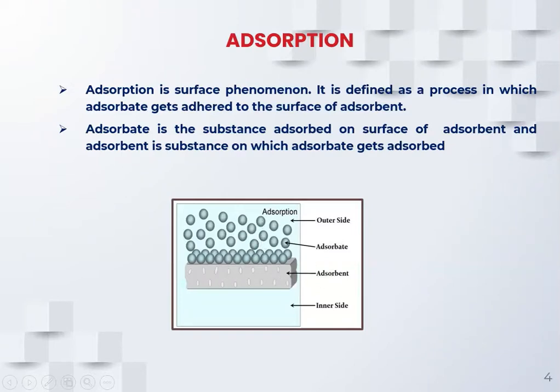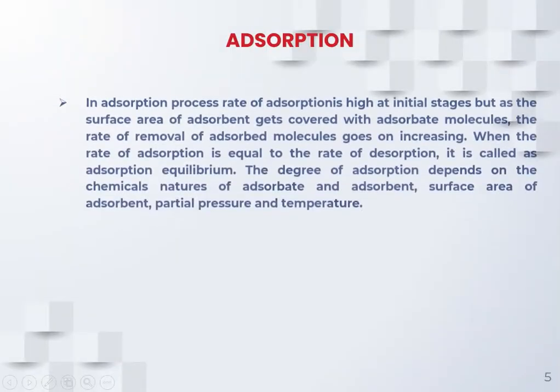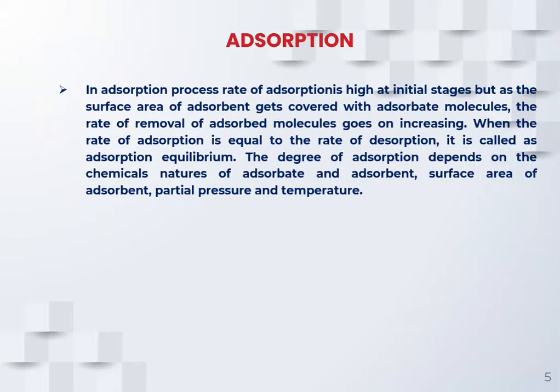So these are the molecules of adsorbate, and this is the surface of your adsorbent on which these adsorbate molecules are adsorbed. In the adsorption process, the rate of adsorption is high at the initial stage, but as the surface of adsorbent gets covered with adsorbate molecules, the rate of removal of adsorbate molecules goes on increasing.